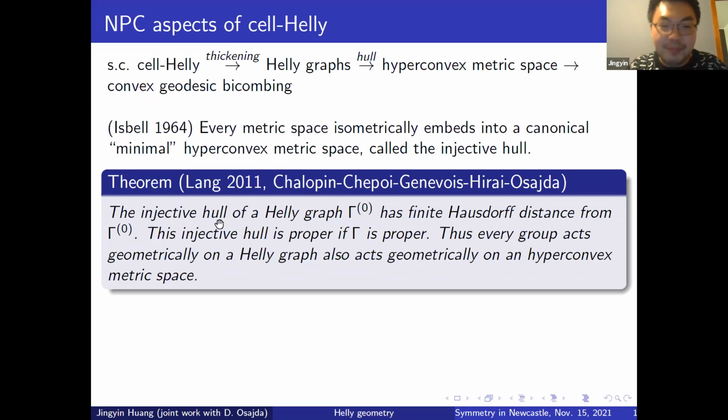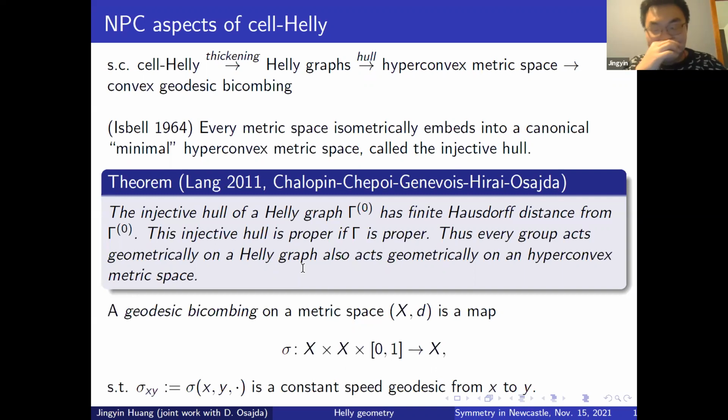What they showed is that the injective hull is actually at a finite Hausdorff distance from the metric space you start with. And we also know that the injective hull is proper if I start with a graph which is proper. In this case it just means locally finite. So from this I know that if I have a group acting geometrically on a Helly graph, then it's also going to act geometrically on a hyperconvex metric space.